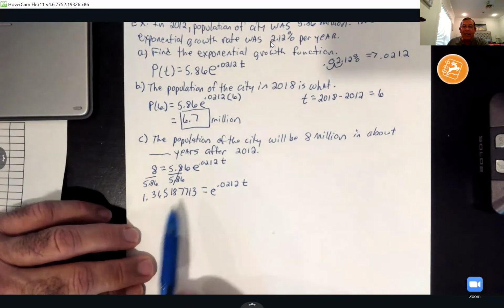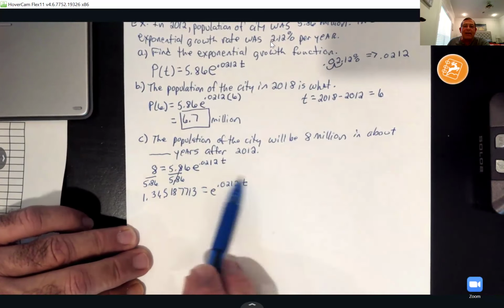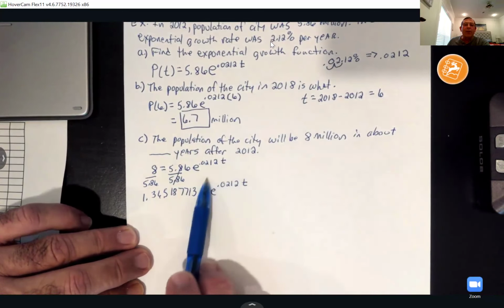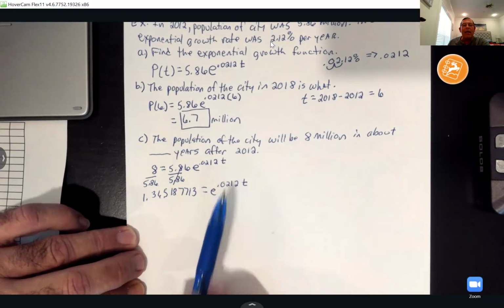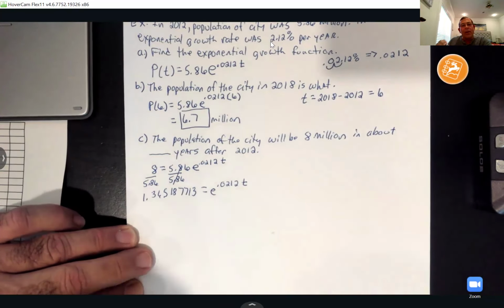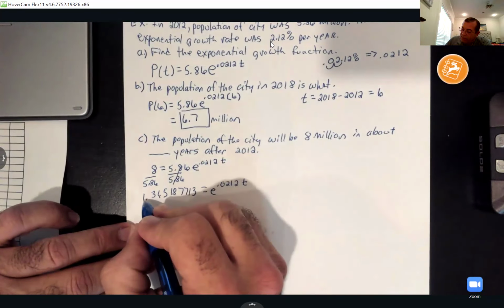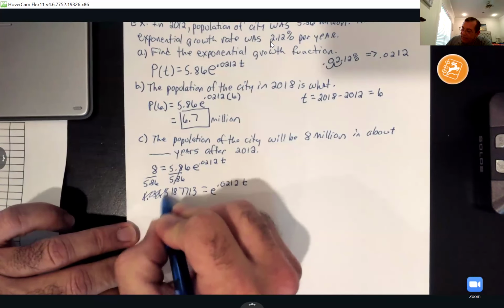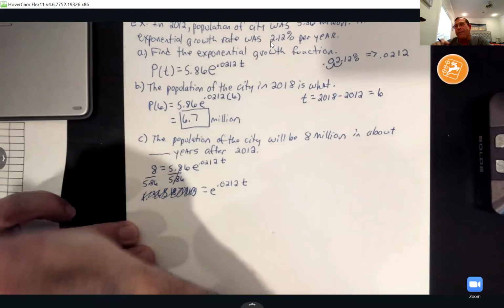Alrighty, so nothing else I can do until I bring this down. So to bring all this down, I'm going to take an ln of both sides. And y'all let me do one thing. Instead of actually dividing that out, I forgot about this, but we want to maintain our accuracy.